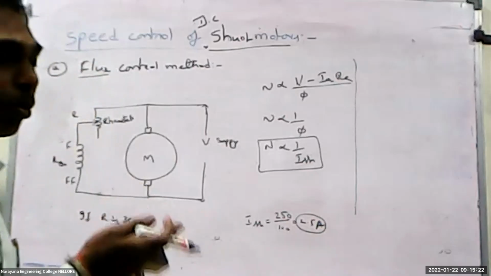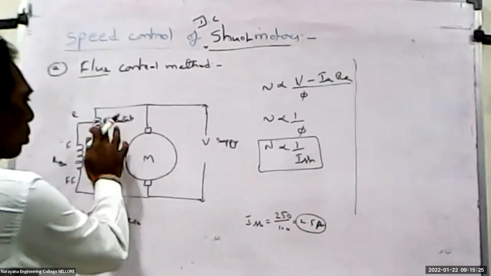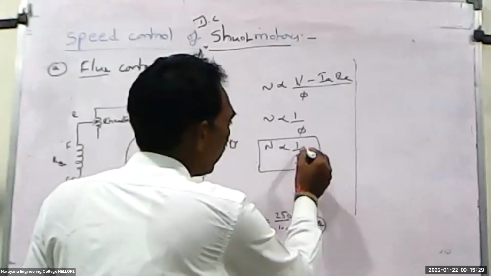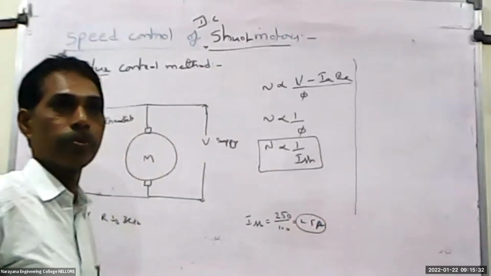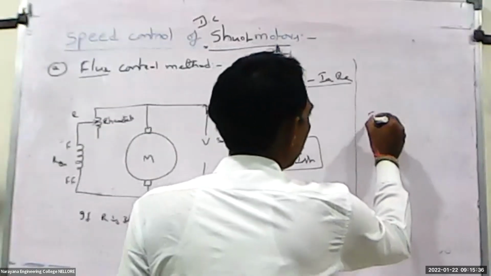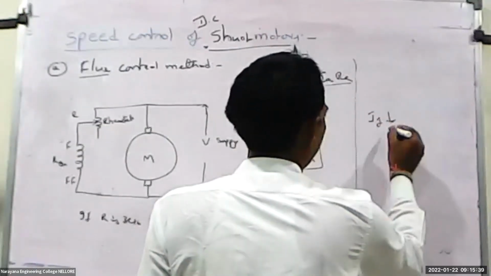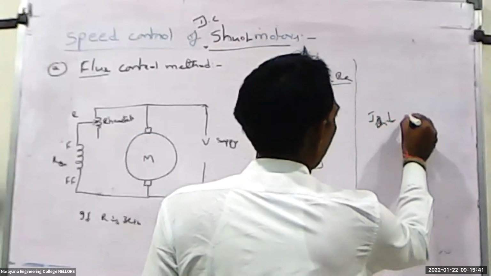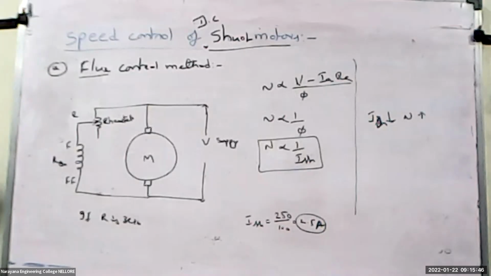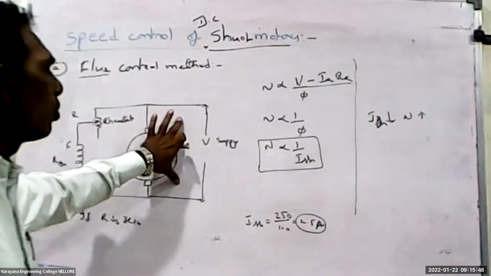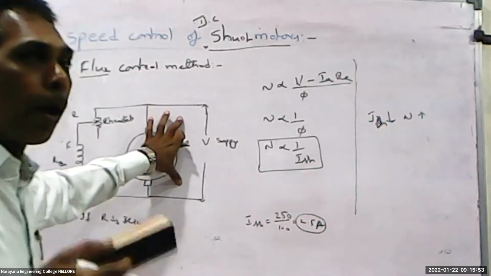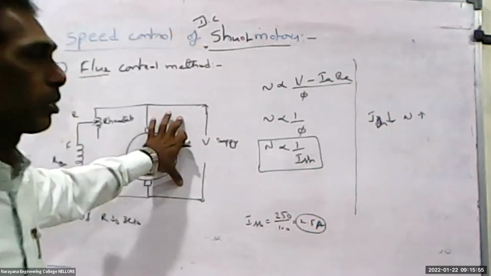Decreases means either 2 amperes or 1 ampere, depending upon how we connect the rheostat. If the field current is less, what about the speed? Inversely proportional. So if I_SH decreases, what is the value of speed? Speed increases.